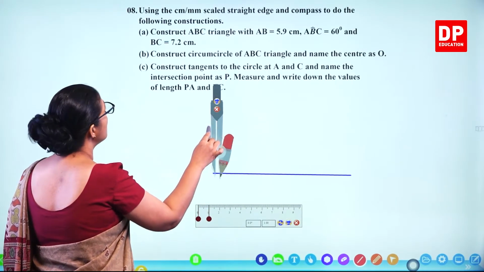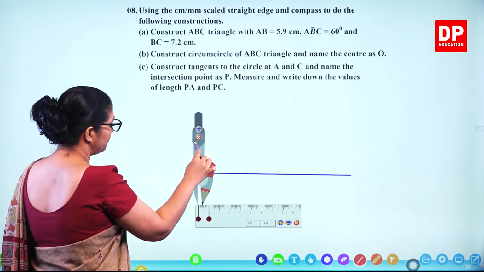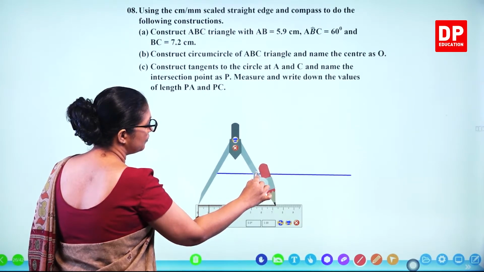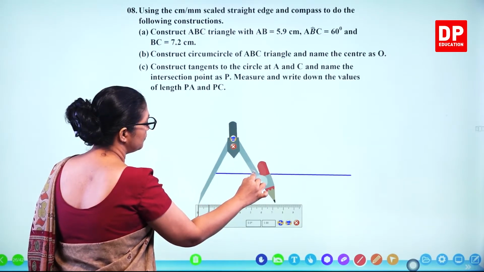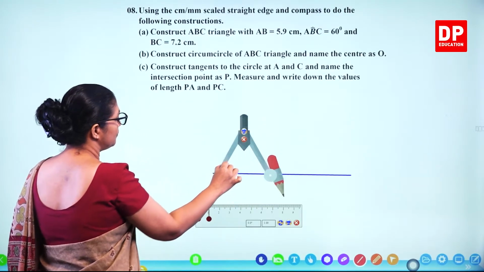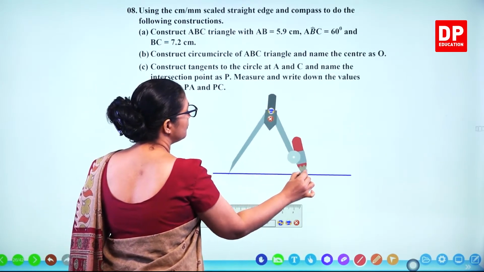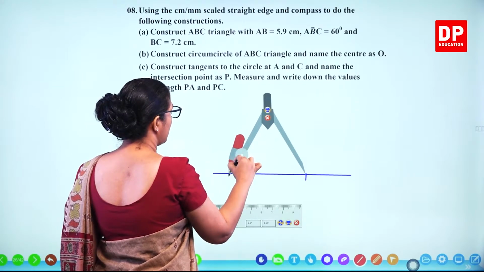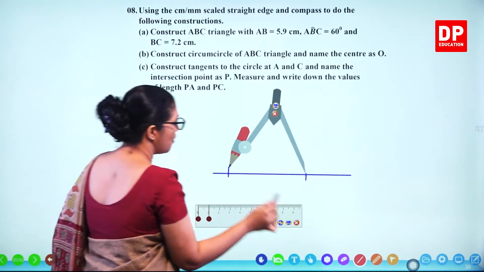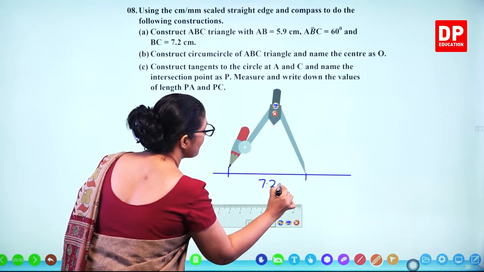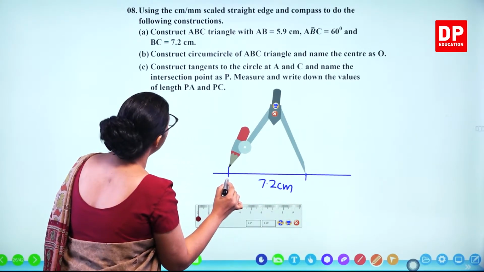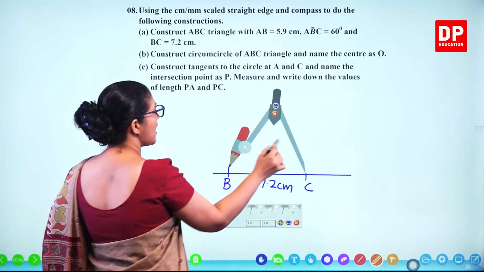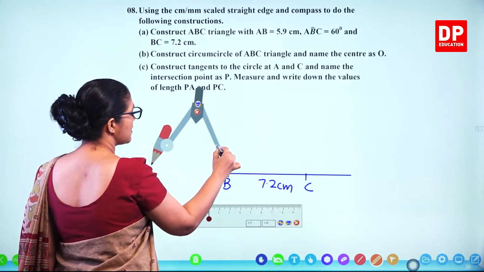Now we need to measure 7.2. So you have to mark both points and take 7.2 correctly. That's BC. Angle B is 60, so to this angle you have to draw a 60-degree angle. So how do you draw a 60-degree angle?